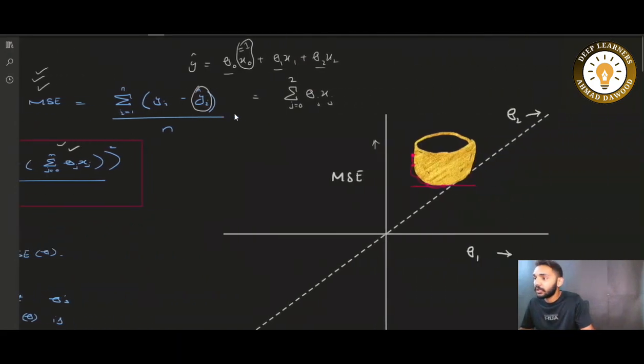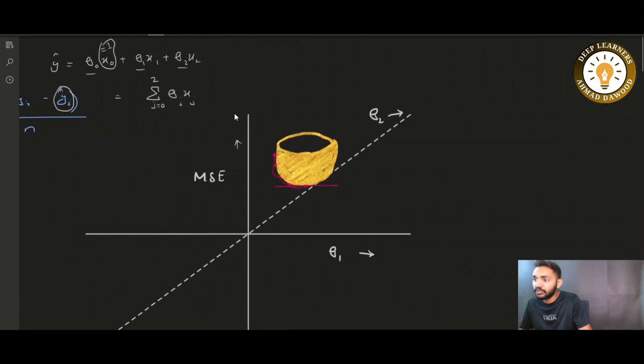Before that, when you plot the mean square error on a graph against the parameter values, let's say against theta 1 and theta 2, actually we have three parameters here, but I am plotting against two in a three-dimensional plot.